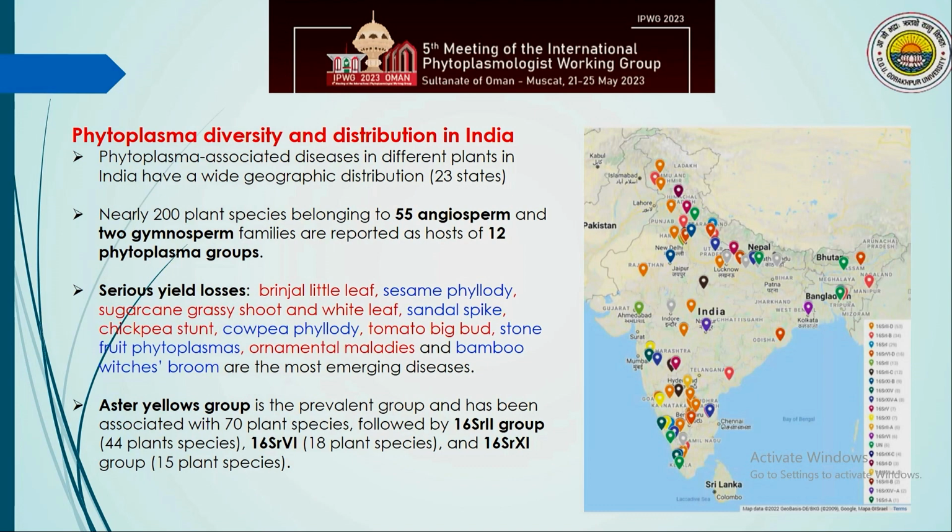Out of these, as all over the world, Aster yellows is the most widely distributed group, followed by the 16SrII D group, where both Candidatus Phytoplasma aurantifolia and Candidatus Phytoplasma stellaceae strains are available, and followed by clover proliferation, that is the 16SrVI and 16SrXI groups.